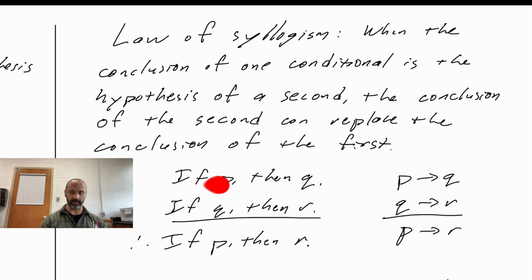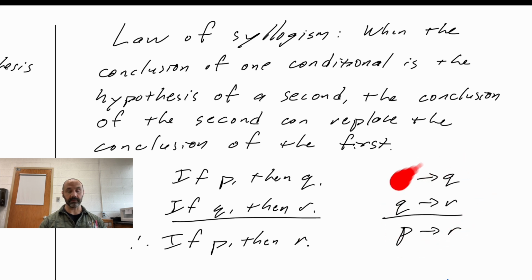The conclusion of the second, R, can replace the conclusion of the first. So if P then Q, we take R and replace it here. That means if P then R.